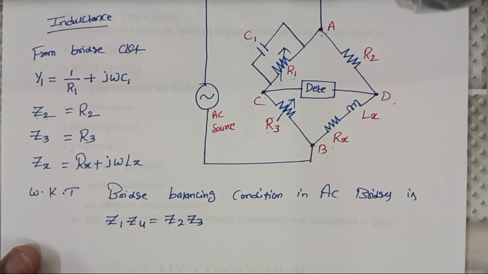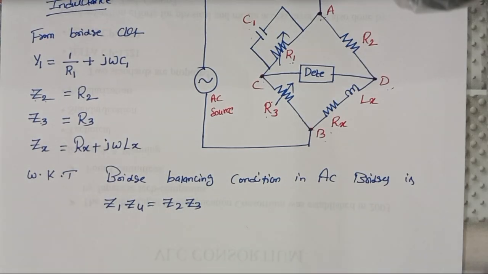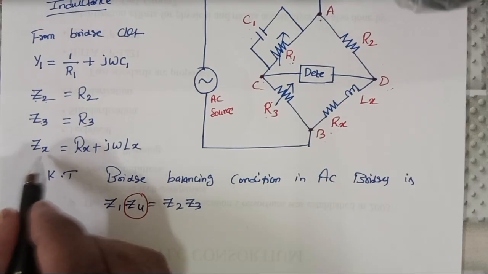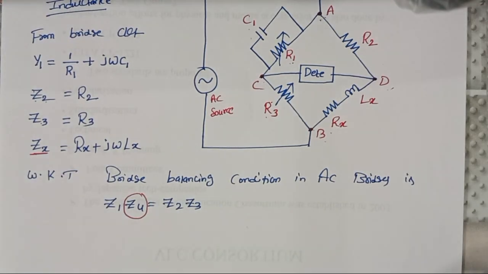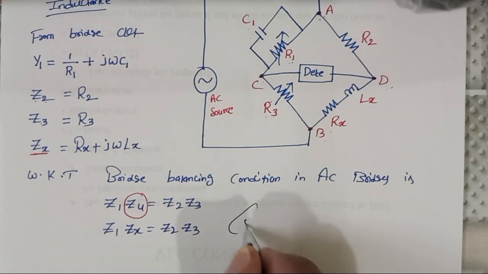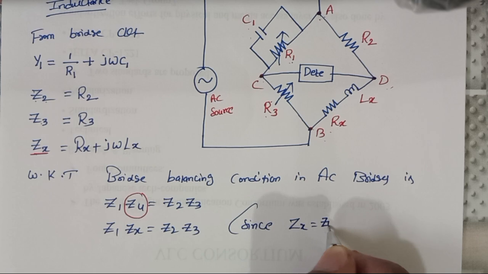We already derived this. Here the fourth arm Z4 is nothing but Zx, so I'm writing Z1 Zx equal to Z2 Z3.